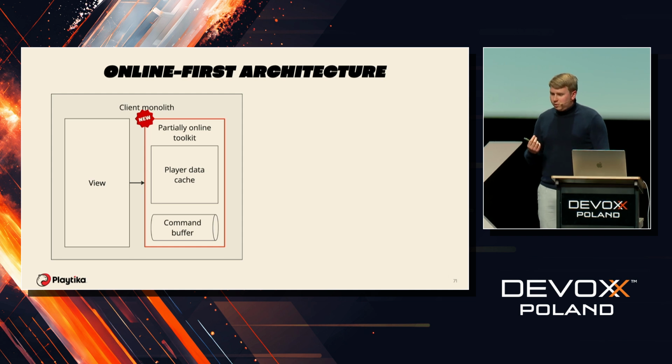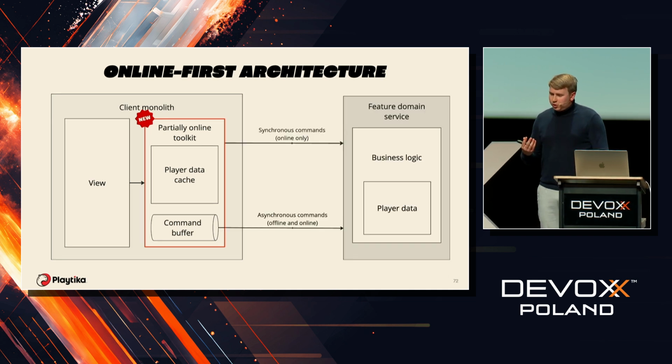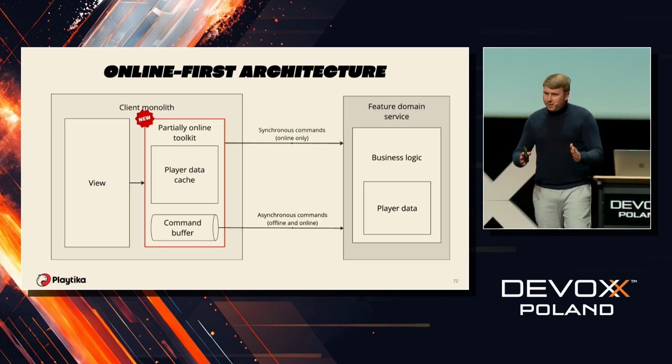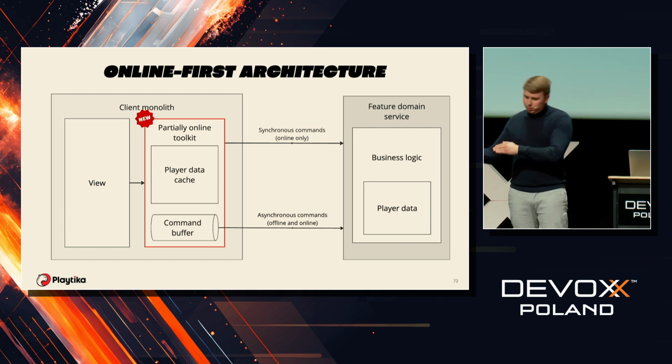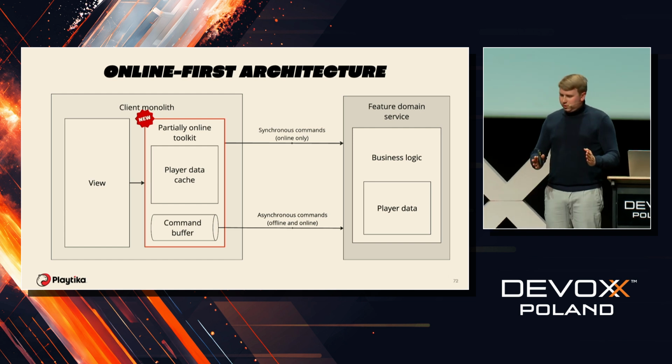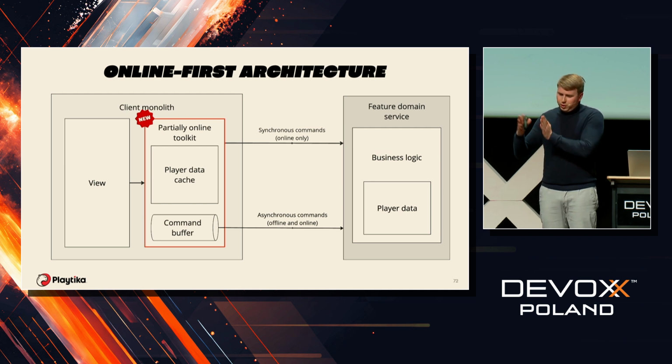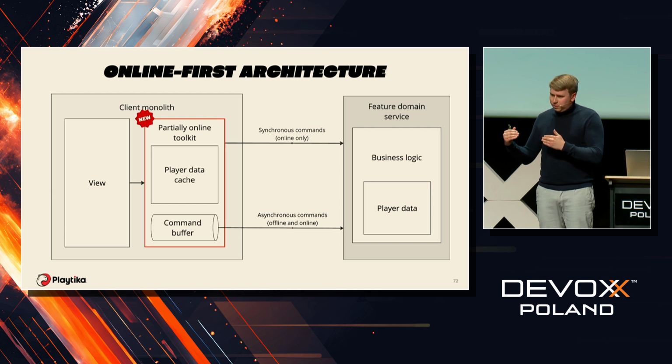So this is the online first architecture. This is something we are already familiar with. We just put the layer that is responsible for communicating with the server into a library, which we call partially online toolkit. Whenever we need to communicate with the server, we use this toolkit. The purpose of this toolkit is to cache the data, pre-warm it, preload it, and provide this buffer and synchronize this buffer.